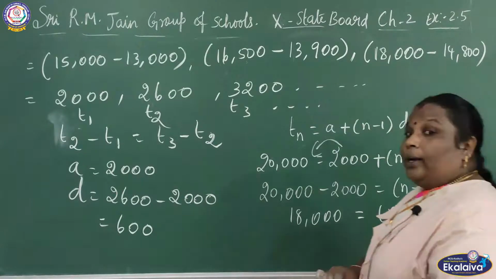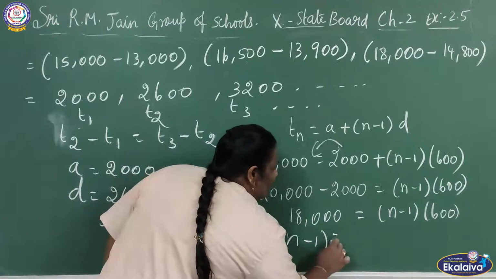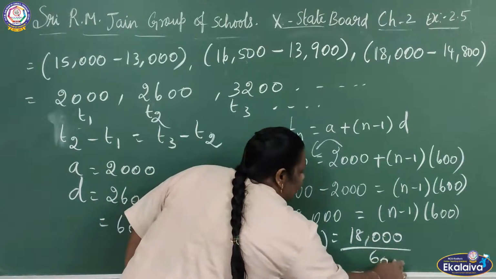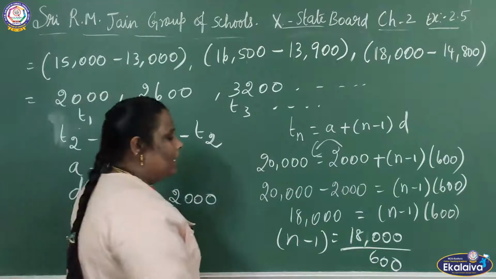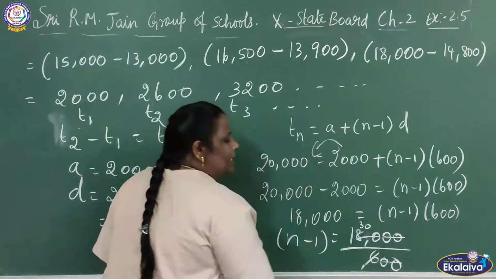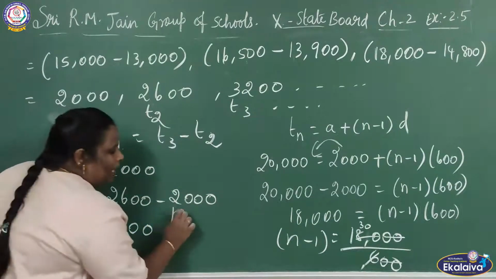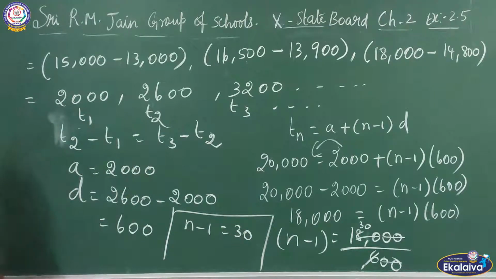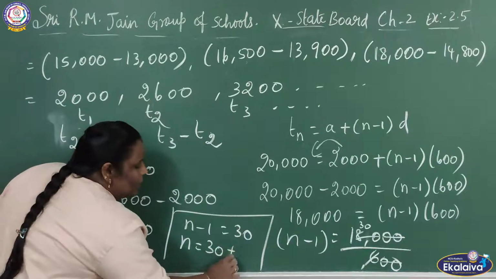Now I will write it in a proper way. N minus 1 equal to 18,000 by 600. See, two zeros get cancelled. Threes are 30, sir. N minus 1 equal to 30. N equal to 30 plus 1.